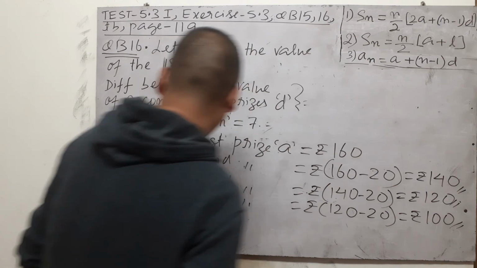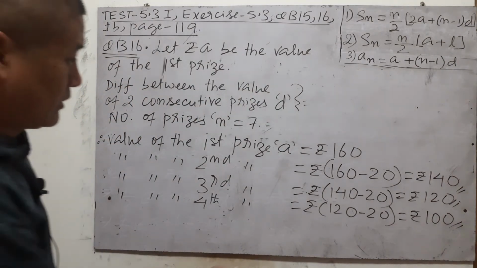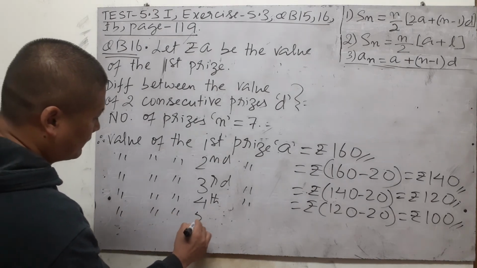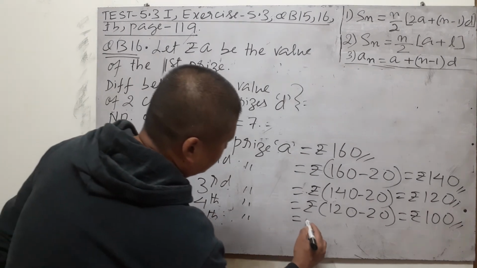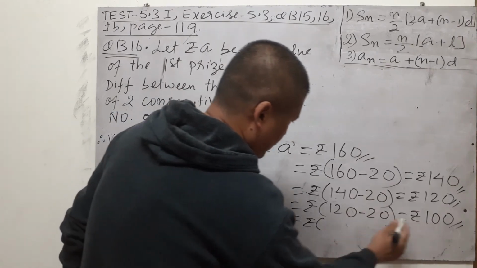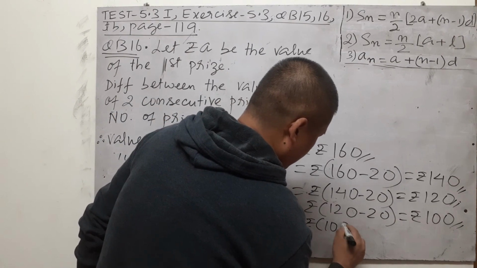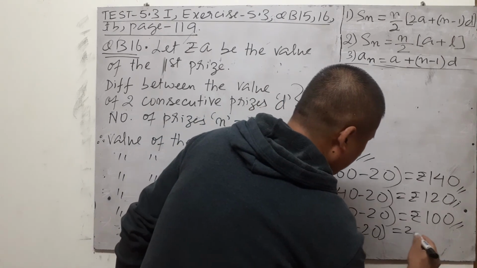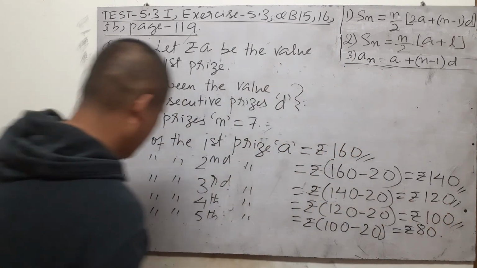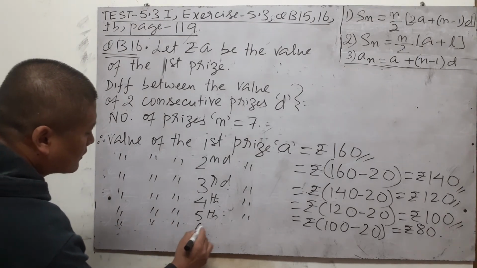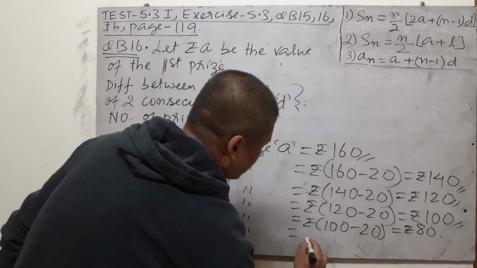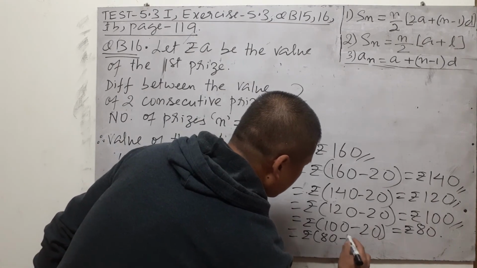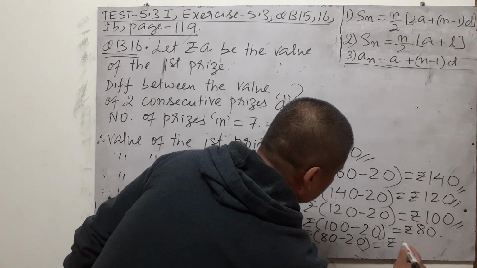Four prizes done: first, second, third, fourth. Then the value of the 5th prize is 100 minus 20, so that is rupees 80. The 6th prize, with a 20 rupee deduction each time, is 80 minus 20, rupees 60.